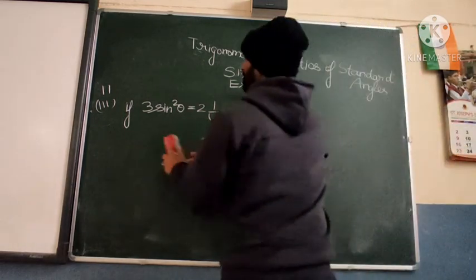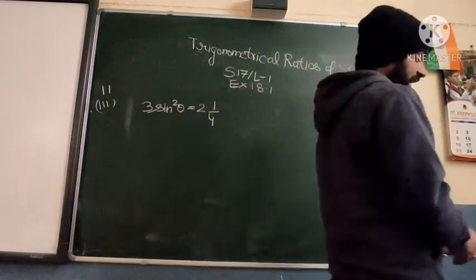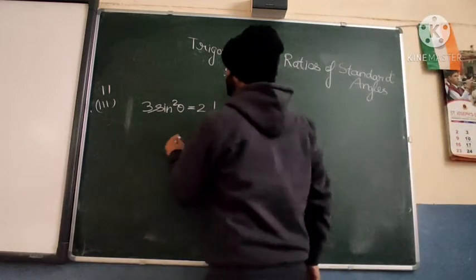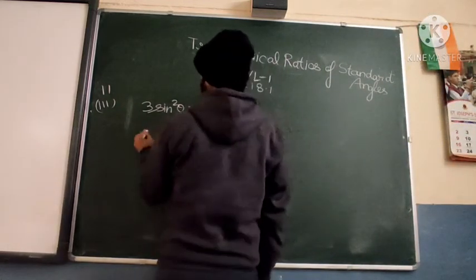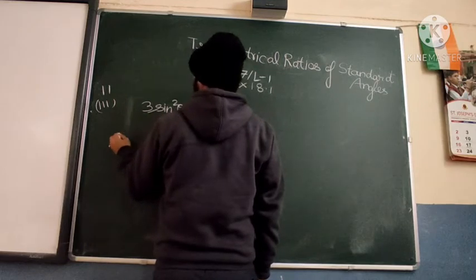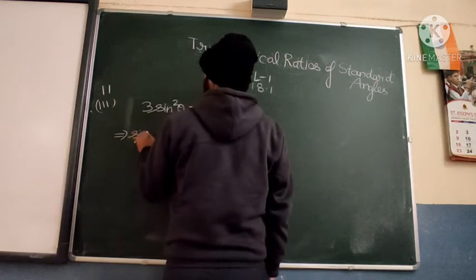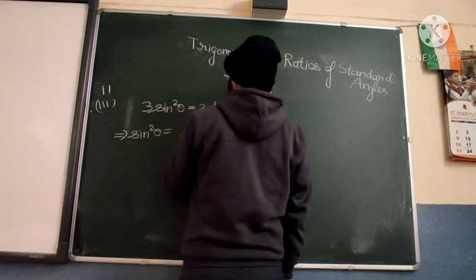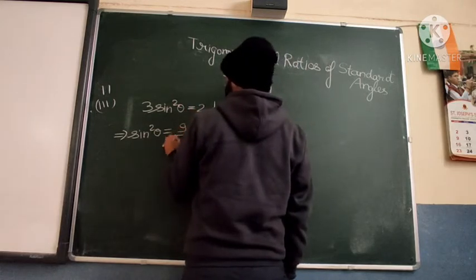Now see here, you can use the rules of transposition also. 2 whole 1 by 4 is basically 9 by 4. So 3 sine square theta is equal to 9 by 4.